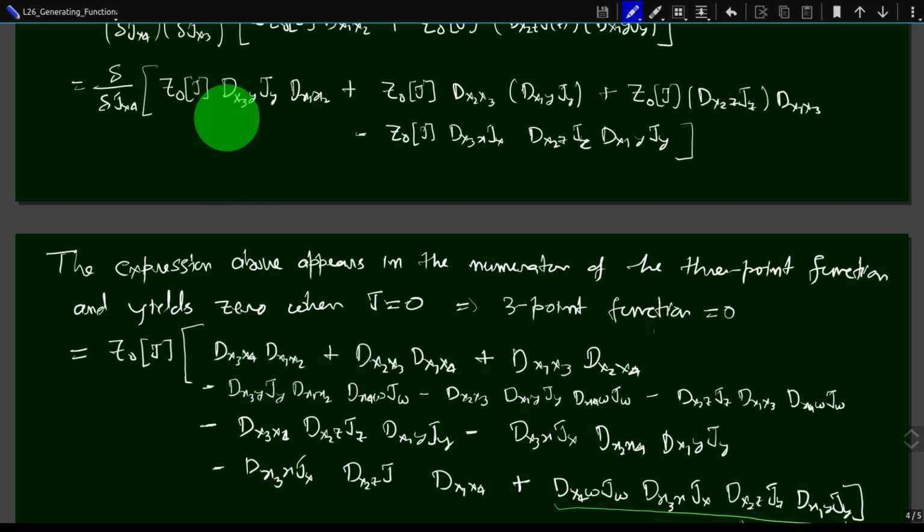So when this x4 derivative acts on the first term over here, it can act on either z or this guy. When it acts on this guy, it gives me two propagators. These two propagators are written over here, and z0j is written outside. And when it acts on z0j, it brings another factor of dx4w jw.